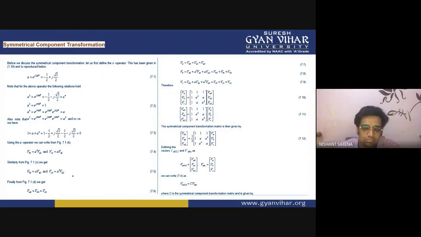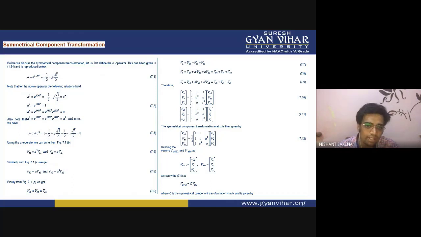Before we further discuss the symmetrical component transformation, let us first define the alpha operator. So, what is an alpha operator? In the previous class also, we have seen that the alpha operator is an operator having a value of 1 with an angle of 120 degrees.